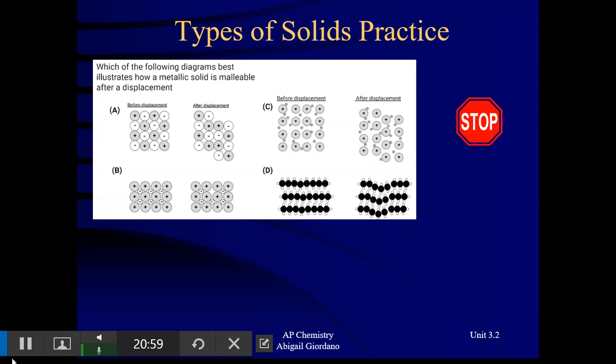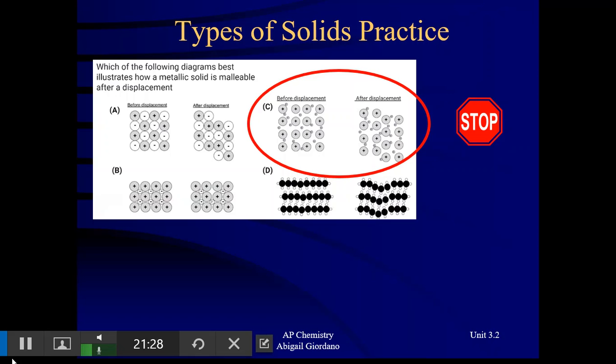All right, so hopefully you guessed C as your answer. Okay, C is the answer. All right, letter A is showing us an ionic solid, that process right before an ionic solid would shear apart. Okay. B is not really showing us anything. C is our answer because remember what we said about a metallic solid.